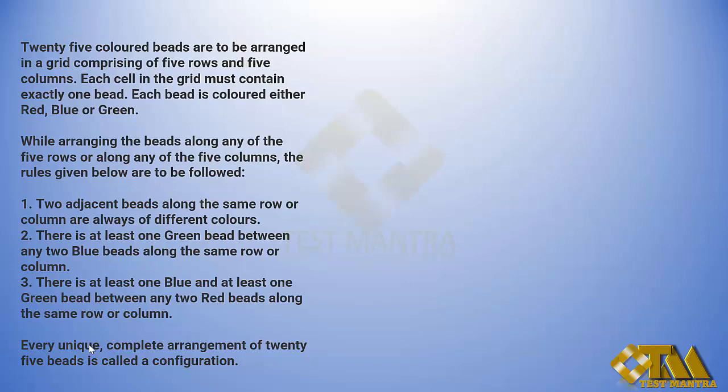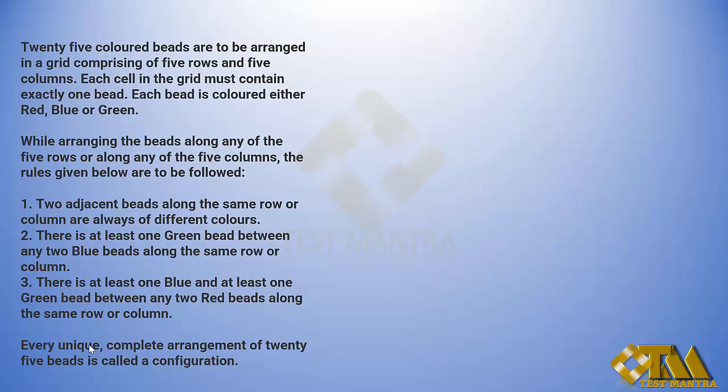Two adjacent beads along the same row or column are always of different color. That means I have to use at least two types of beads here. There is at least one green bead between any two blue beads along the same row or same column, but they have not said vice versa, right?